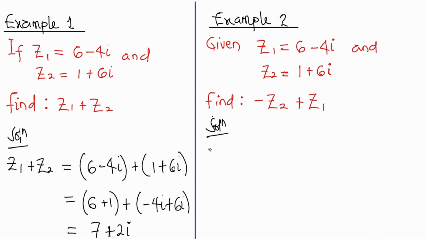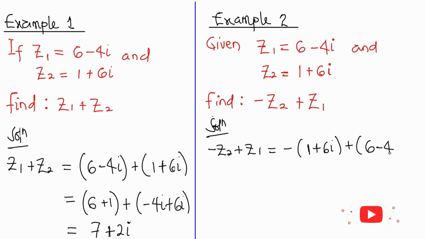The question is saying minus z2 plus z1, so it means the negative of z2, and z2 is the same thing as 1 plus 6i, and then it's added to z1, 6 minus 4i. Once we have this, we have minus 1 minus 6i, and then the other part becomes 6 minus 4i.